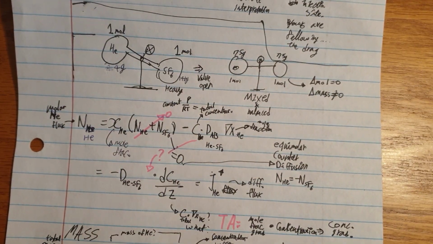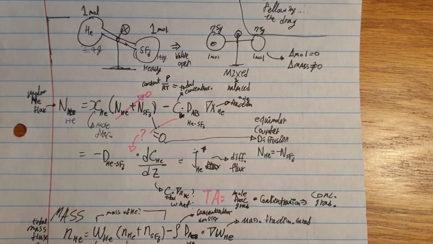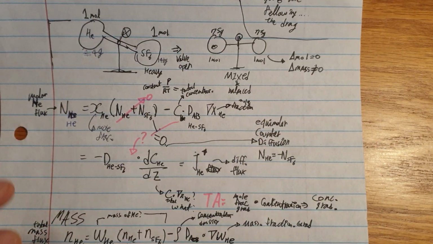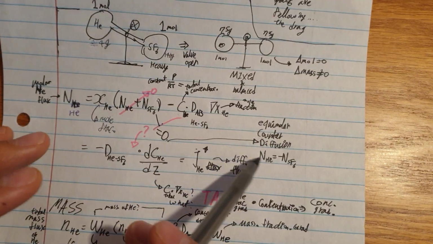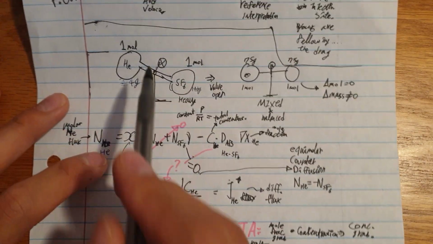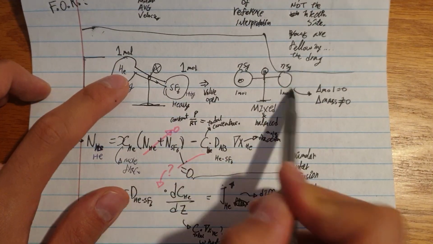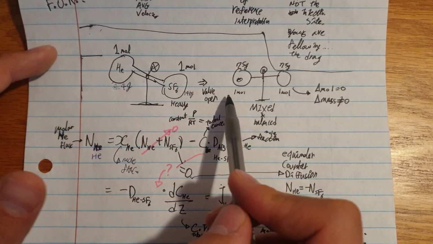But we can simplify this equation because the first term is going to go to zero. The reason is that the equimolar counter diffusion principle states that the flux of helium is the same as the negative flux of SF6, which makes sense because there's 1 mole and 1 mole at the end. It's going to be 0.5 mole of each on each end, right?